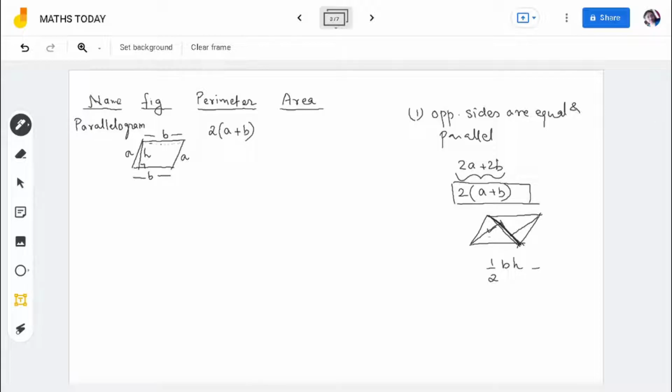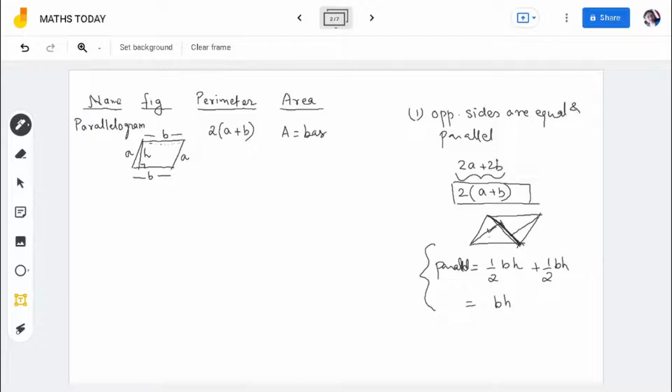So area of parallelogram is nothing but the sum of the areas of two triangles. If I add half and half, it will become 1. So 1 into b into h. So from this, we have got the area of the parallelogram. We can write area equals base into height.